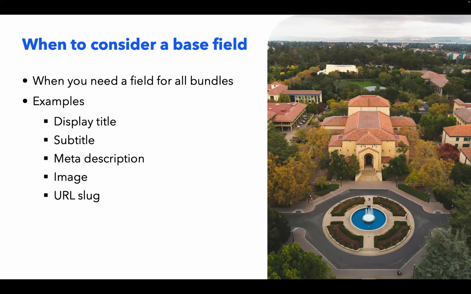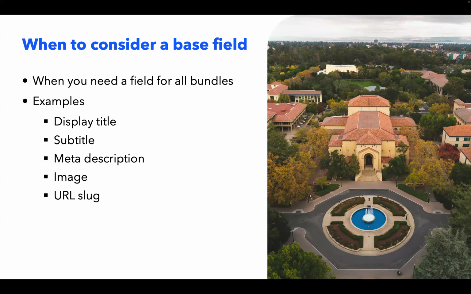But if you defined a new base field and called it display title and made it use the WYSIWYG editor, for instance, you could then lock it down so the users could just choose certain features, but then that would allow you to give them control over how the title displays. And the default title base field that's created by Drupal could just be used for administrative purposes.